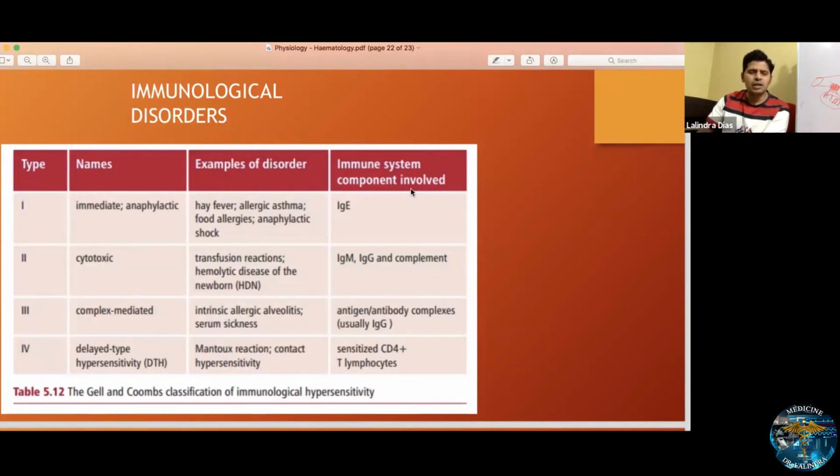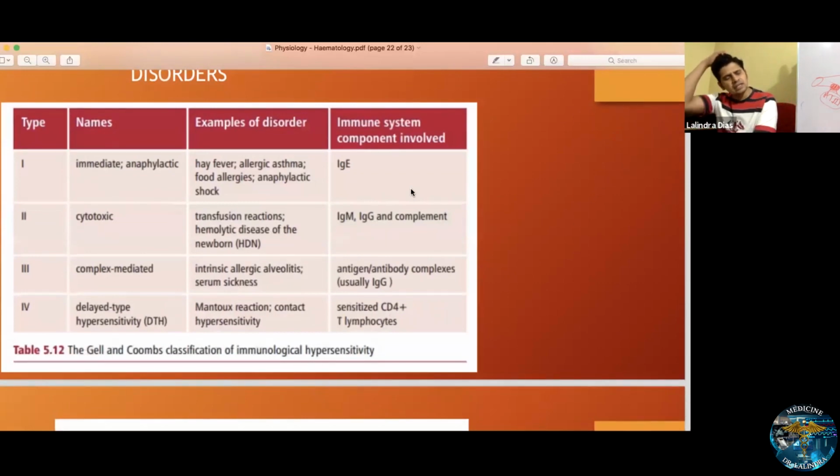Class 3, I told you, complex mediated. That means intrinsic allergic alveolitis, and also serum sickness. So intrinsic allergic alveolitis and also serum sickness like syndrome.